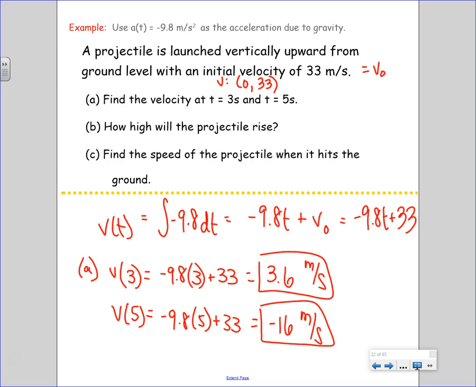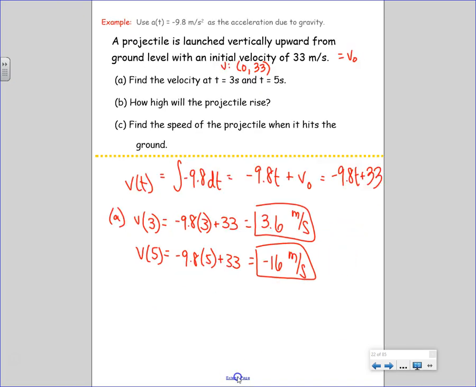How about letter B? How high will it rise? Height. Position. Do I have position yet? No, but how do I get to position? Plug velocity into an integral. Now, for the t term we're going to have t squared, but aren't we also going to have it divided by 2?